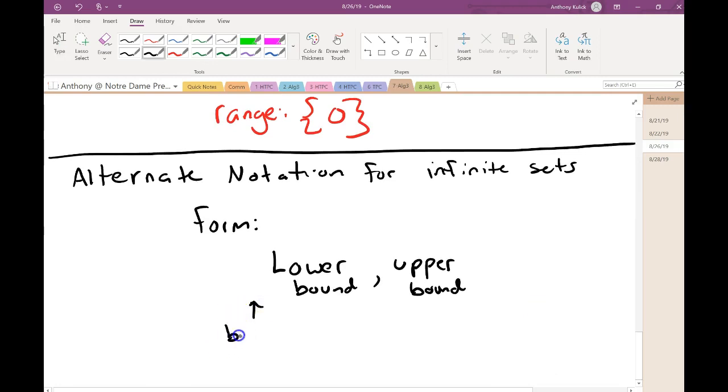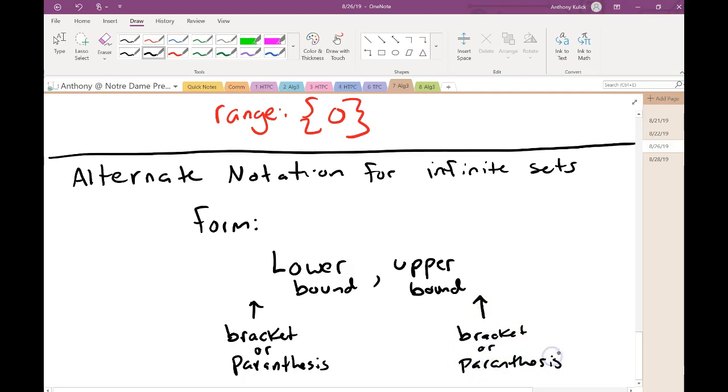And then here, will be a bracket or a parenthesis to start it. And then we'll have a bracket or parenthesis to end it. And I'll talk about how you make the decision about which one you'd use in a moment.